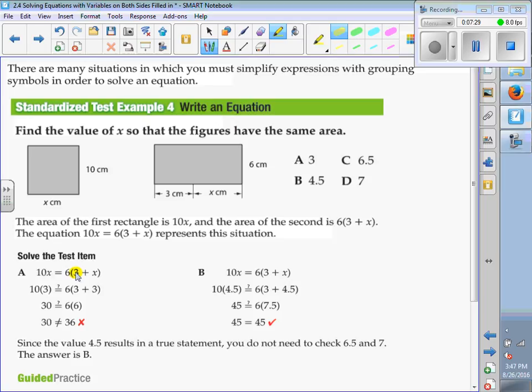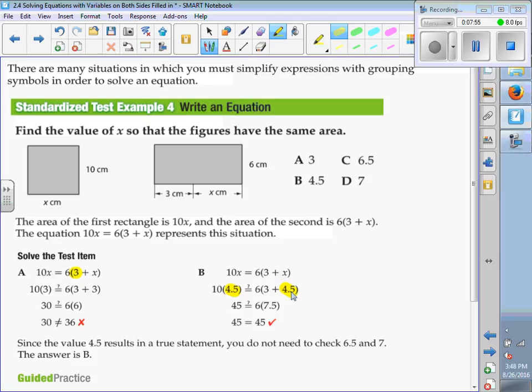Should we be writing all this down? That's not a solution. Then we're going to substitute in 4.5. Once we substitute 4.5 in, we get a true statement. 45 is equal to 45. Since that's a true statement, 4.5 is a solution.